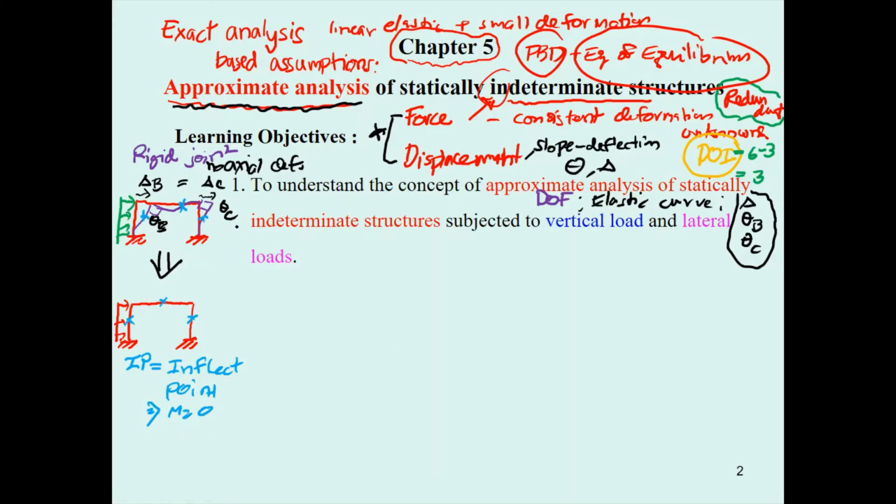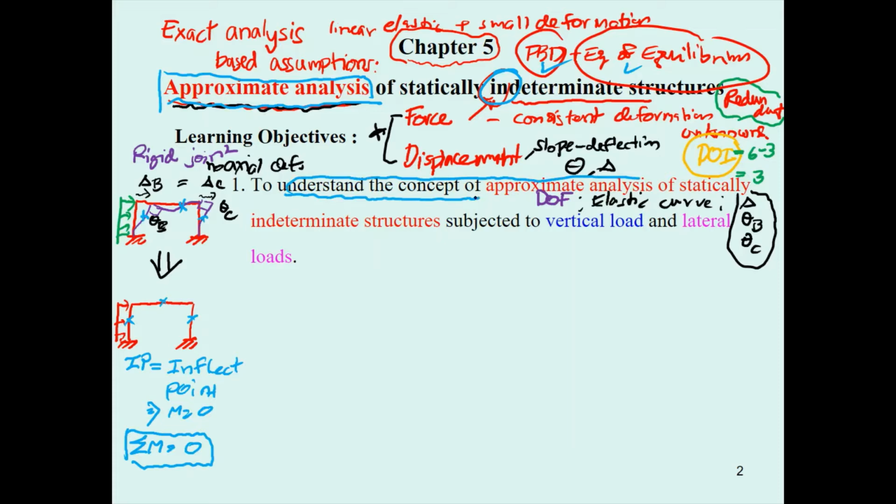So by adding 3 more equations of summation of moment equal to 0, we can analyze this frame by approximate analysis. The main concept of the approximate analysis is changing the structure from statically indeterminate to statically determinate, so it can be solved by the free body diagram and the equations of equilibrium. That is the main concept of this method.